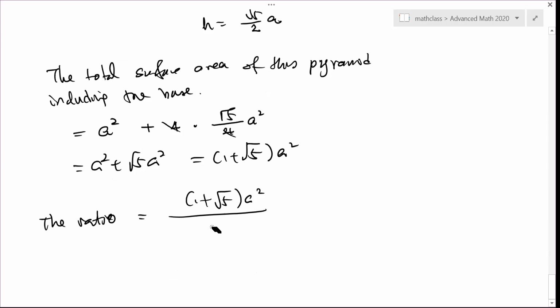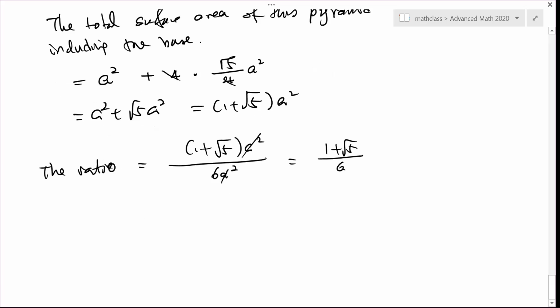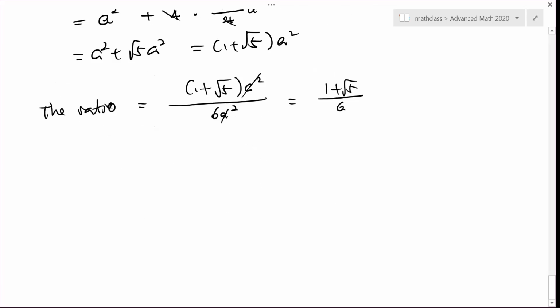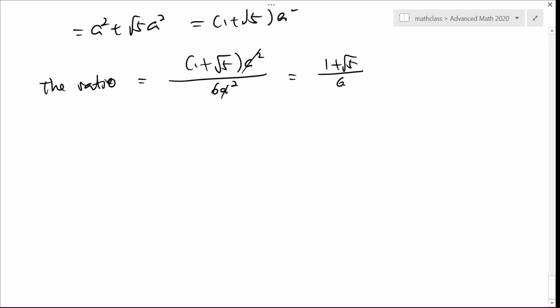So that would be 6 A squared. And then cancel, and that is the answer. Okay, so that would be the answer. So the difficult part is to find the height of the triangle, the altitude of the triangle.